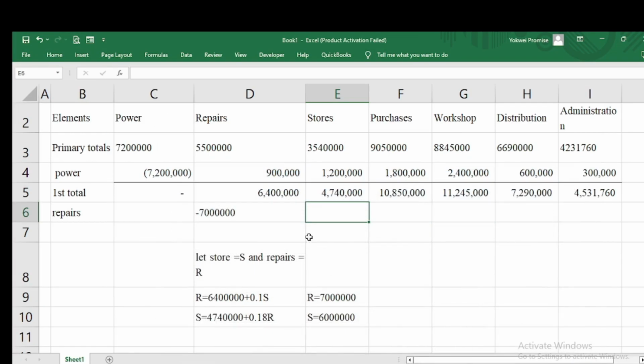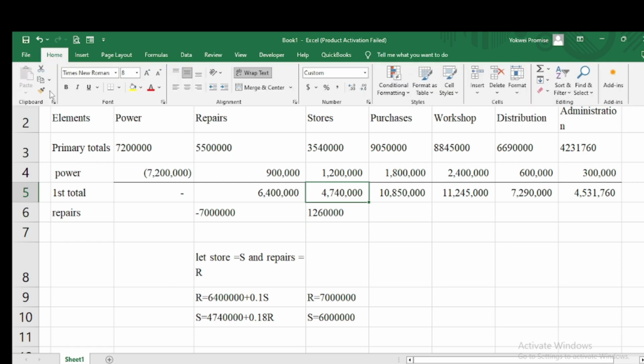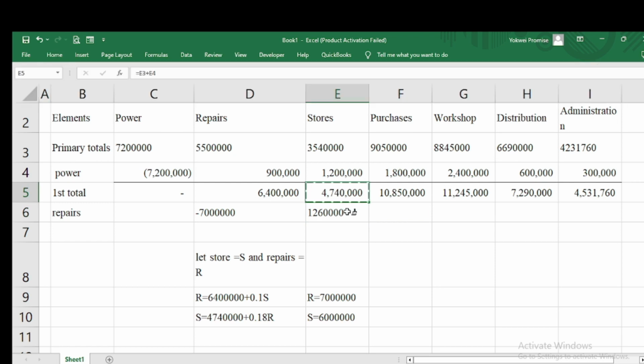We are going to be sharing, the figures will be 1,260,000, 1,750,000, 2,450,000.